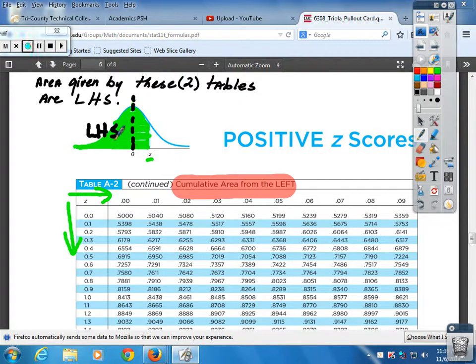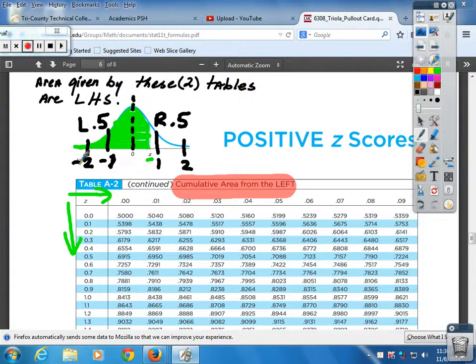This is the left 50%. Left-hand side this is your left 0.5, and this is your right 0.5. You don't have to put that, but just this is your 50% on the left. This is 50% on the right. These are your positive z-scores, 1 and 2. These are your what? Negative z-scores, -1, -2.